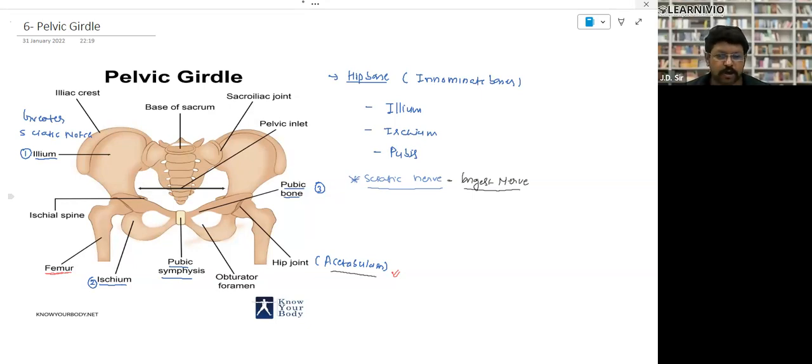Look, the longest nerve of our body, which can be up to 1 meter, is 90 centimeter or 1 meter. That is the longest nerve. The name of that nerve is sciatic nerve, right? That sciatic nerve passes through this ilium part, right, from here. Clear? And that thigh bone, that is the femur, articulates in acetabulum cavity.